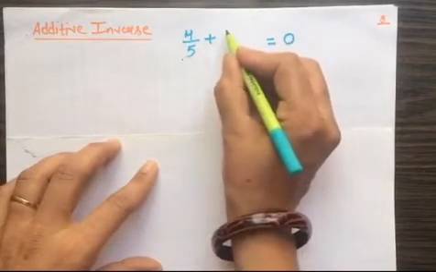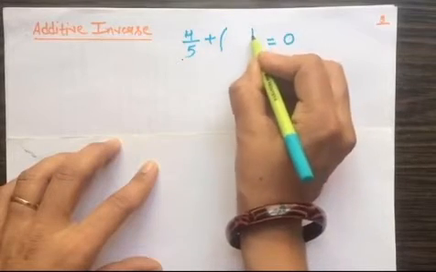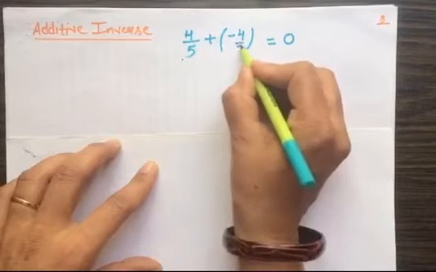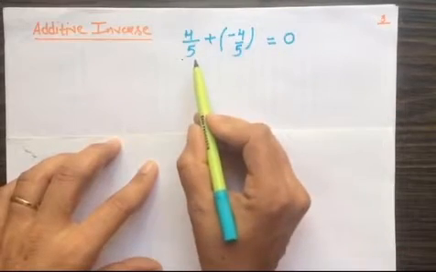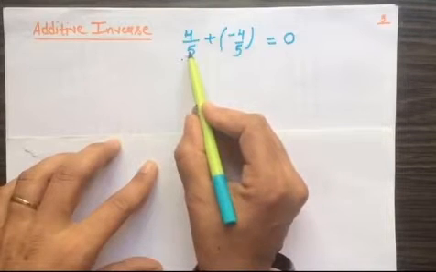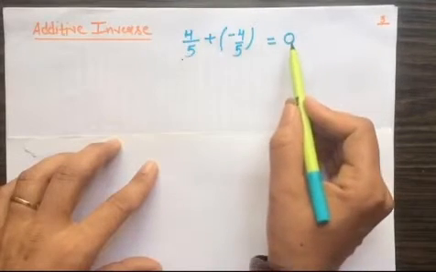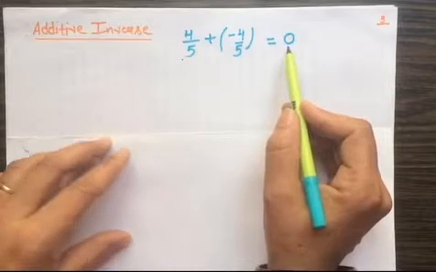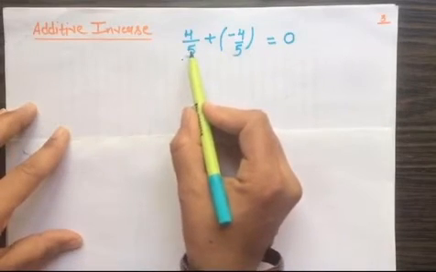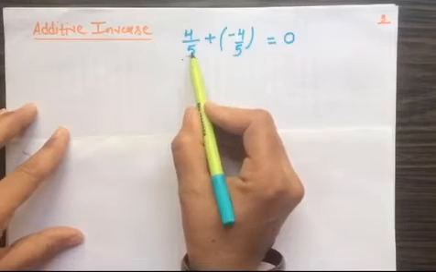That is the same number but with opposite sign. When we add -4/5 to 4/5, obviously the sum is 0. So -4/5 is the additive inverse of 4/5.